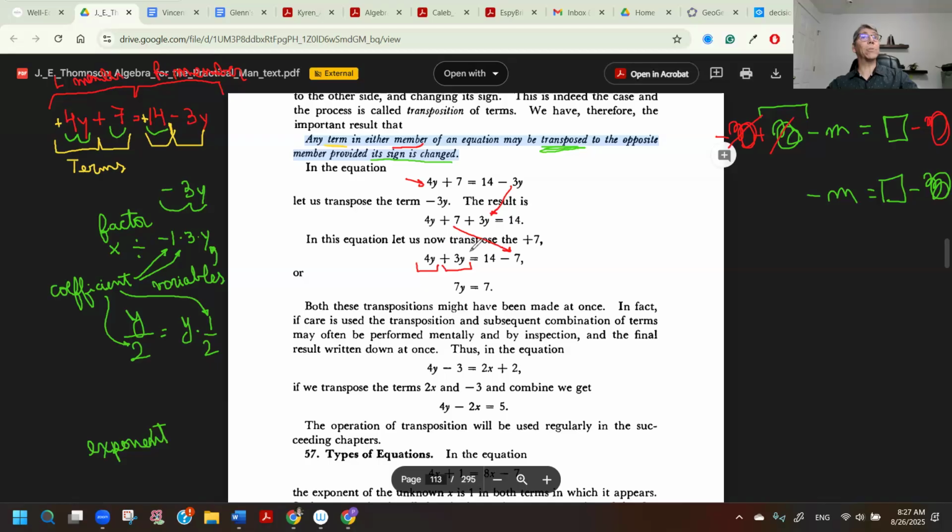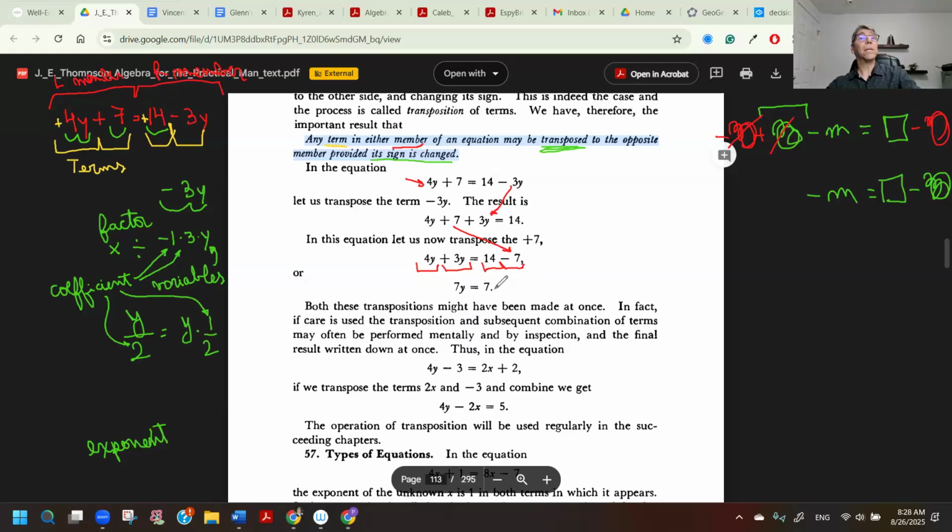They are like terms. Similar terms means terms that have the same variables in them. And then these other two terms are also similar terms. They don't have variables. They are just constants. And so we can now add them or subtract them algebraically, and we end up with 7y equals 7.